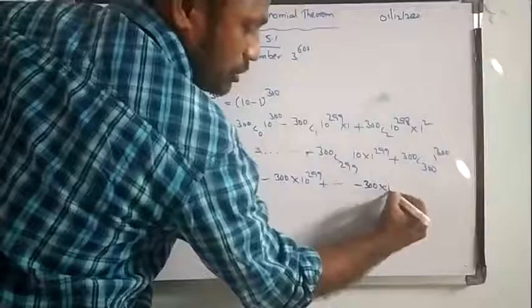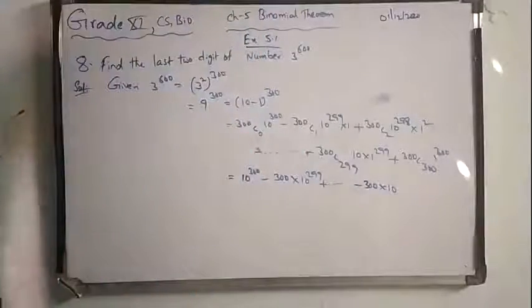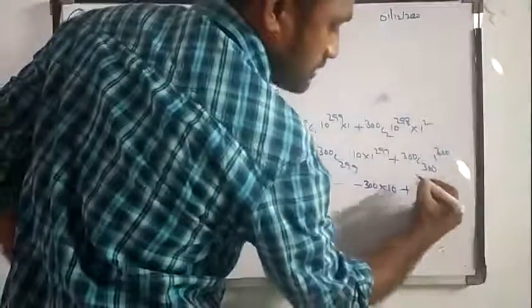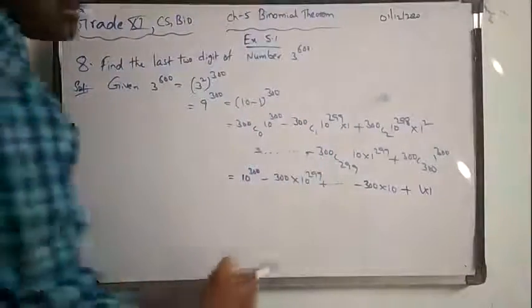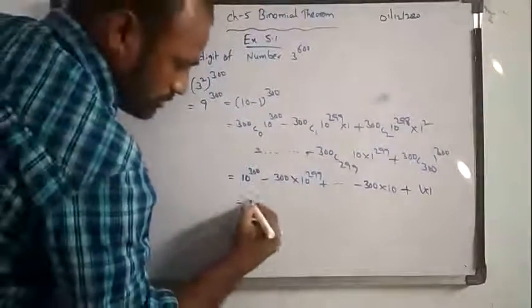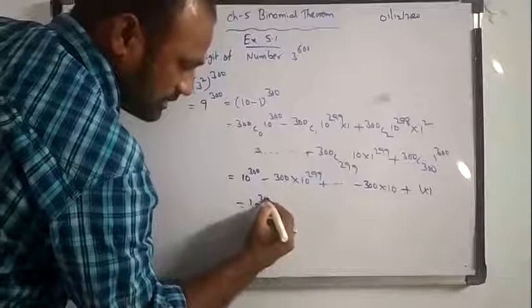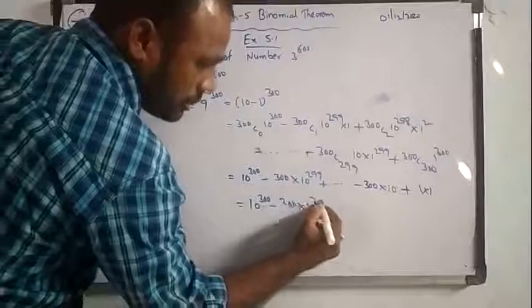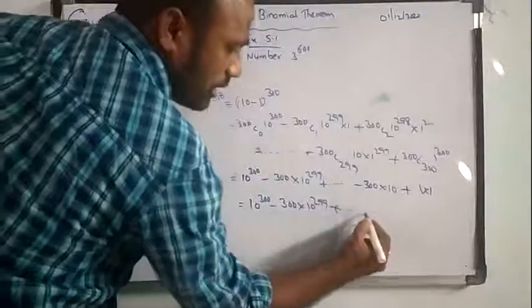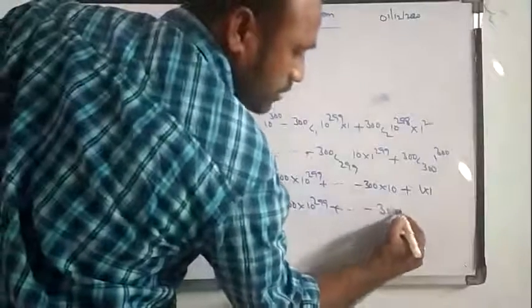So 300 into 10 plus 1 into 1. Let us write this as it is: 10 to the power of 300 minus 300 into 10 to the power of 299 plus so on minus 3000 plus 1.